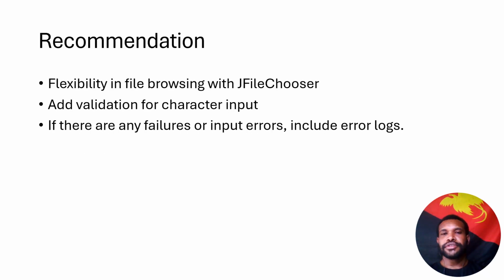Flexibility in file browsing with JFileChooser is another important thing for Java, as you use JFileChooser in Java to choose Java files, and then add validation for character input. So any character that is input must be valid, so that the program can execute it properly and give the result as wanted.